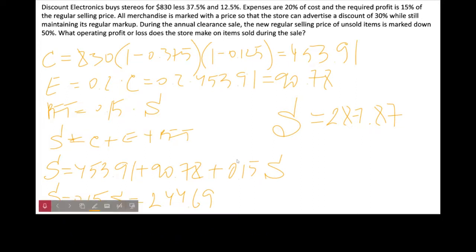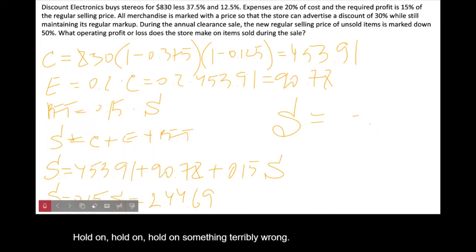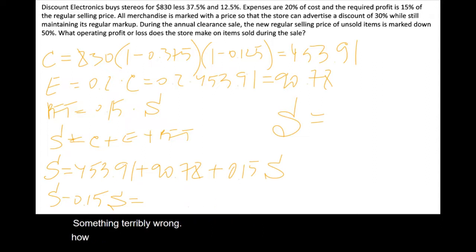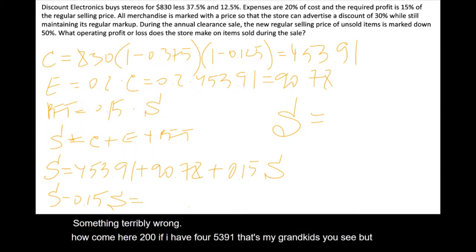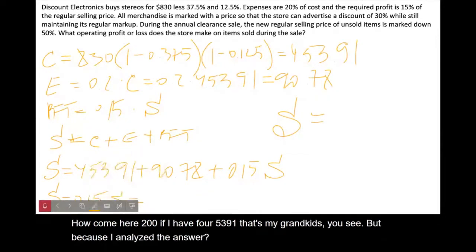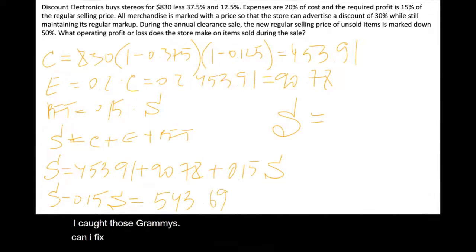Well, hold on. Something is terribly wrong. How come here I have 200 if I have 453.91? That's my gremlins. You see? But because I analyzed the answer, I caught those gremlins and I fixed the results.